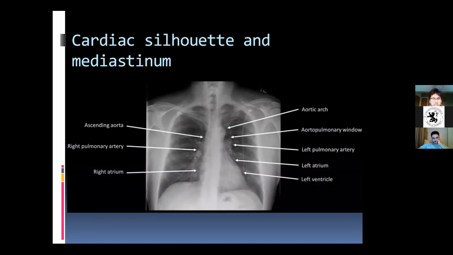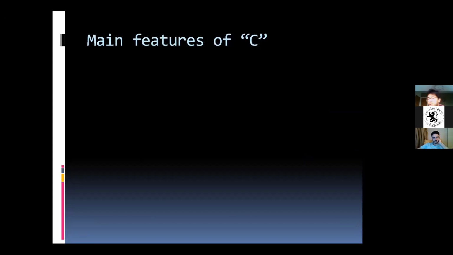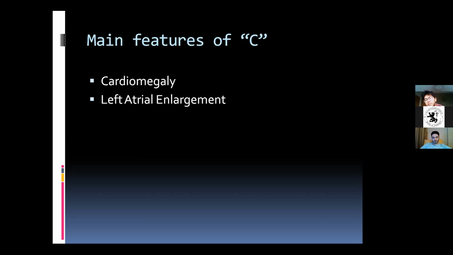In terms of the actual pathology itself, the main features: we talked about position and size, so essentially cardiomegaly. Okay, what else? We can think about true cardiac pathologies, where a feature of the cardiac silhouette is caused by a pressure that might be originating elsewhere.